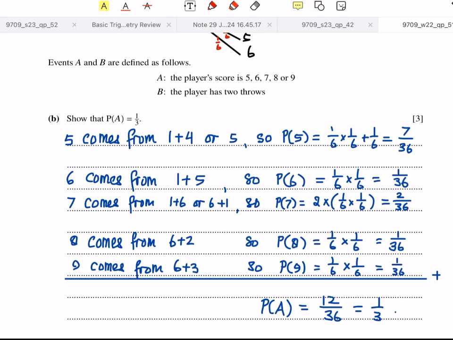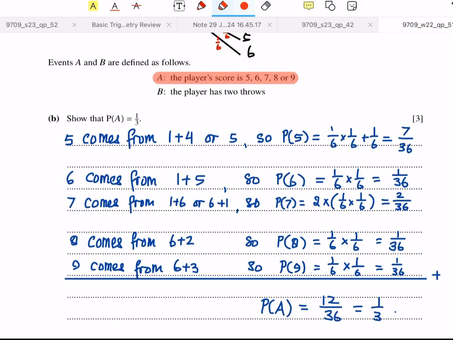Events A and B are defined as follows. A: the player's score is 5, 6, 7, 8, or 9. While B: the player has 2 throws.